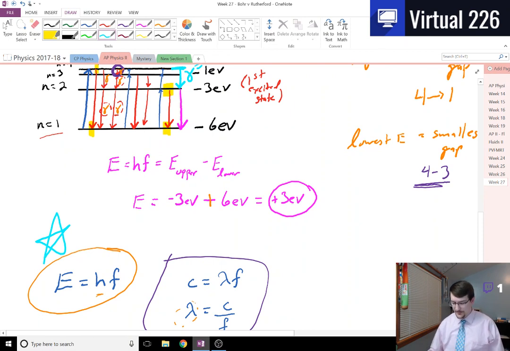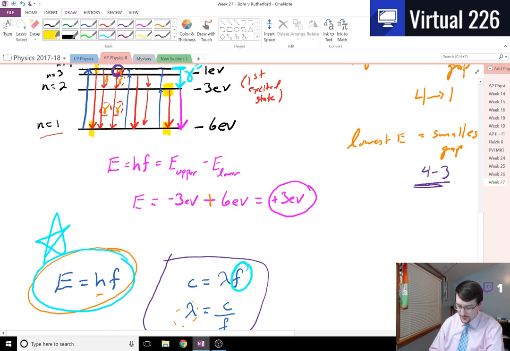Those are our bread and butter. Using this equation, we can format it a little bit differently to plug in what we're really looking for. We can substitute in frequency for c and lambda. We know that frequency is equal to c over lambda.